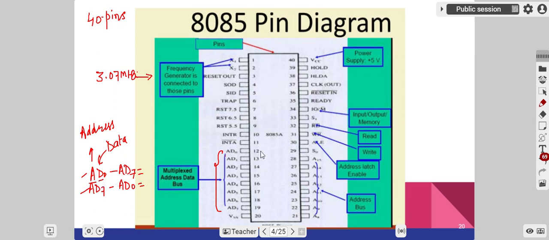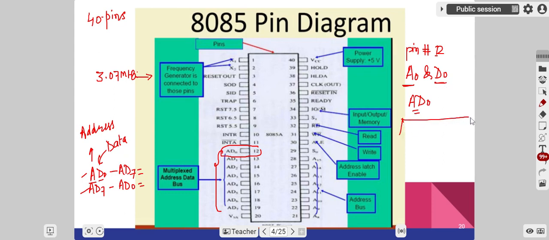So this single pin, for example pin number 12, can be used as the A0 pin as well as the D0 pin, because AD0 has been written here. So this pin is used to address one bit of address, and it is also used to transfer one bit of data, and that bit is D0.